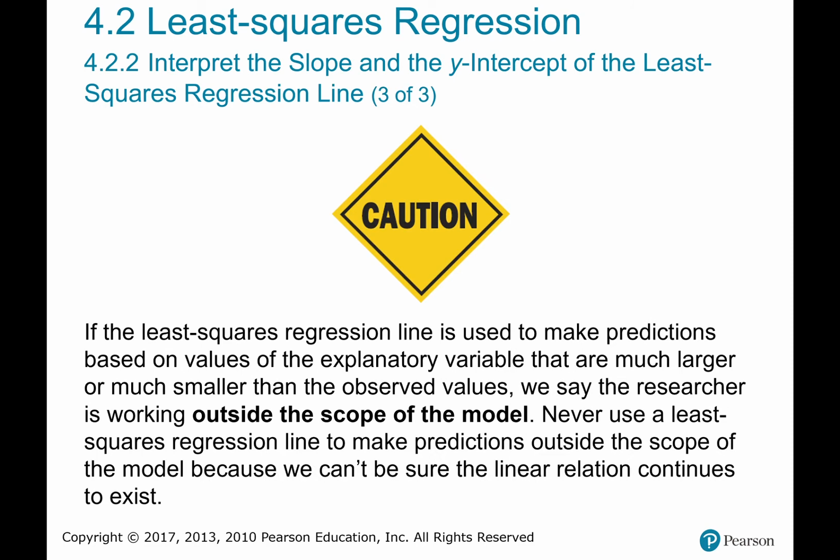So a caution: if the least square regression line is used to make predictions based on values of the explanatory variable that are much larger or much smaller than the observed values, we say the researcher is working outside of the scope of the model. Never use the least square regression line to make predictions outside of the scope of the model because we can't be sure the linear relation continues to exist.